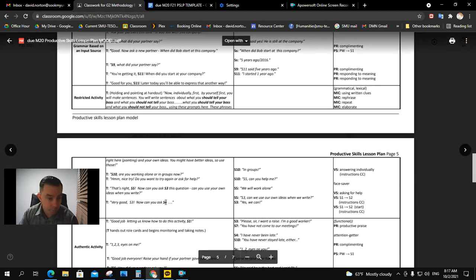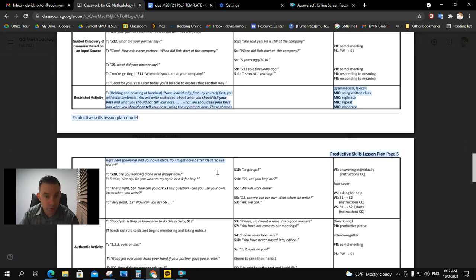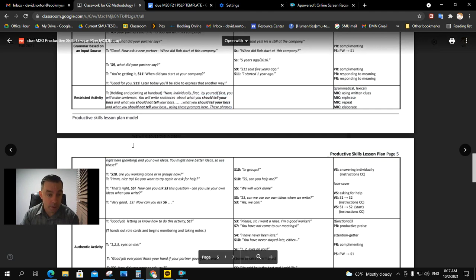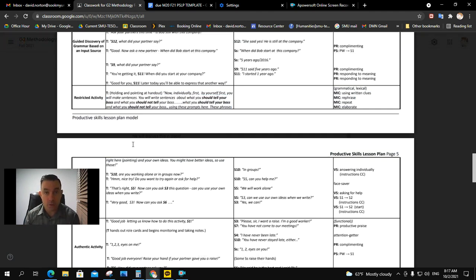Restricted activity. My one interaction that I chose is basically giving my instructions. I thought this was one of the most important things that happens in this stage, because if you don't give instructions well, then the students won't be able to succeed at this activity.